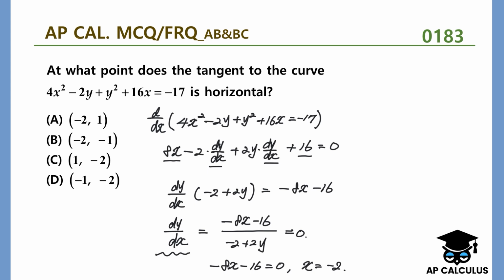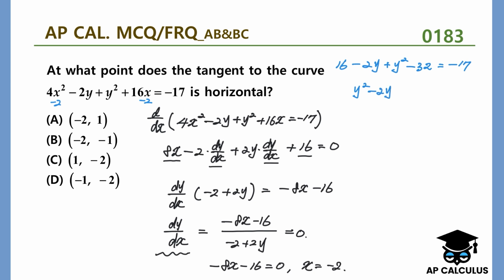right? And if x is equal to negative 2, what is the value of y? We have to substitute negative 2 here and solve this equation to find y. So 4 times negative 2 squared, that's 16, minus 2y plus y squared, plus 16 times negative 2, minus 32, is equal to negative 17. So that's y squared minus 2y.